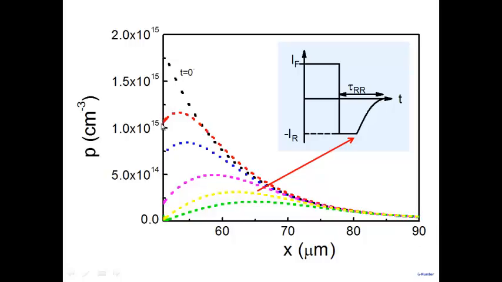What will the diode voltage be here? Almost 0.7, because the hole density is related to diode voltage by an exponential relationship. Remember, delta P is exponent qV by kT. So as it goes from here to here, the diode voltage is not much changing. That's why the voltage is constant.